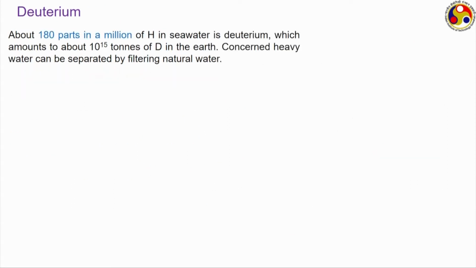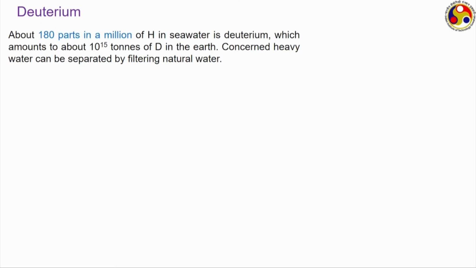Going forward, deuterium, as I have mentioned, is the most common fuel that we use in fusion reactors, and deuterium is naturally available in the ocean, that is, in sea water. Generally, for every million parts of the hydrogen in sea water, about 180 to 190 parts are heavy water, or deuterium.